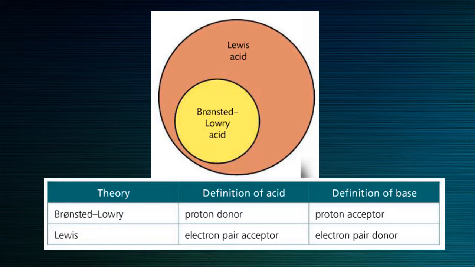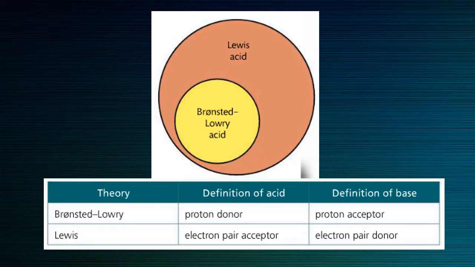So here we have a summary of looking at Bronsted-Lowry versus Lewis acid. Bronsted-Lowry is definitely the most common, but Lewis acid opens up a nice broader definition that helps explain acidic properties of atoms that we would not normally call acidic. If we look at the definition of an acid, Bronsted-Lowry is a proton donor, whereas Lewis is an electron pair acceptor.